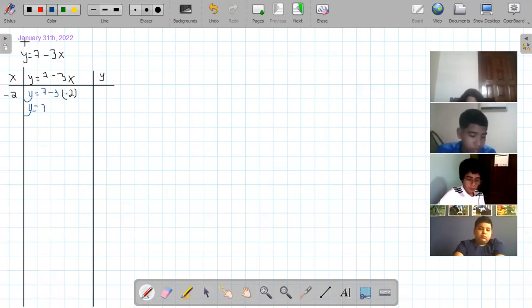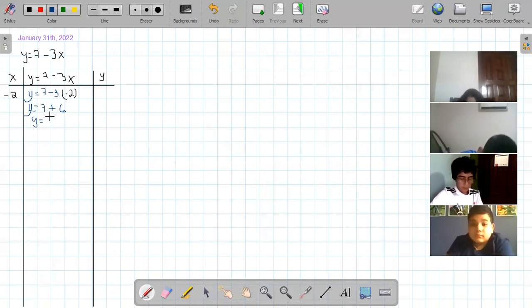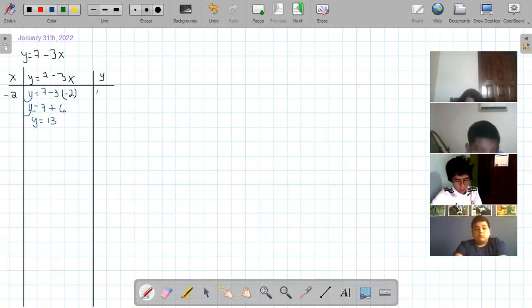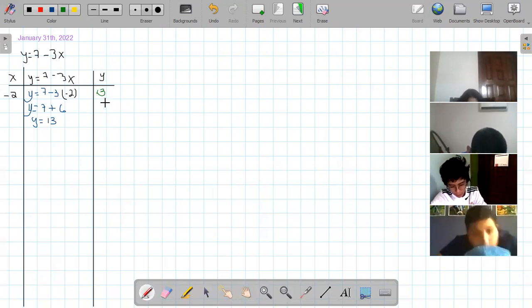Positive 6, right? Because negative times negative is positive. Now 7 plus 6 is 13, very good. And that 13 is the one that I'm going to place over here in a different color, just to show that that is the value of y.